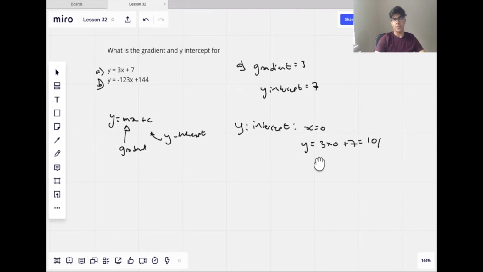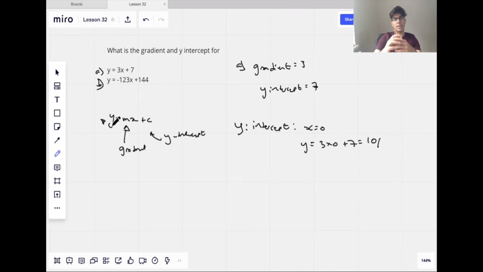Let's say you completely forgot how this equation relates to this. Remember what I said initially about what a line is and what the equation of a line is. A line is a set of points, and the equation of a line is the equation which is true for all of those points.